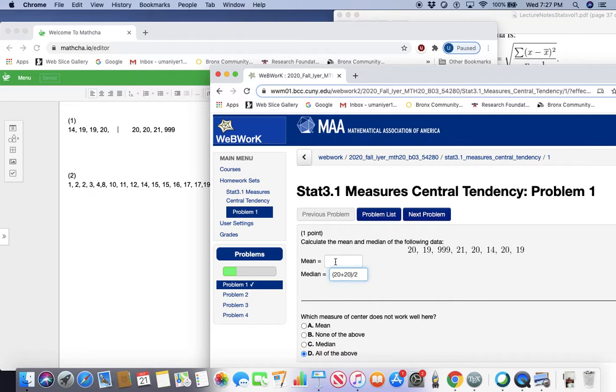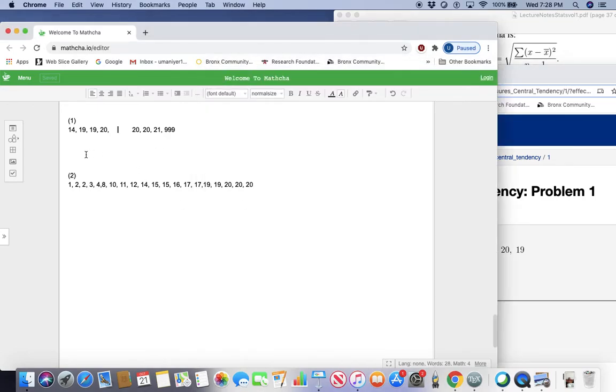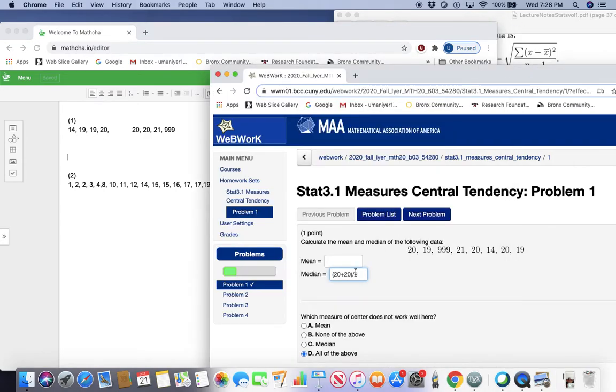What about mean? Mean you obtain by adding all the numbers and dividing by the total number of numbers. That is the mean. So I'm going to take something over. How many numbers are here? 1, 2, 3, 4. 1, 2, 3, 4. So in all 8 numbers. And what goes on the top is we need to add all these guys.